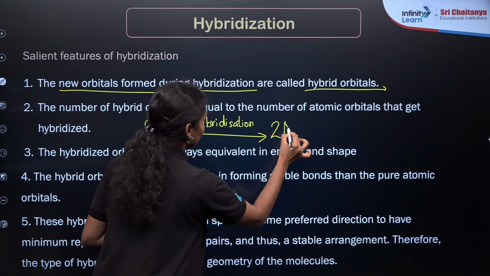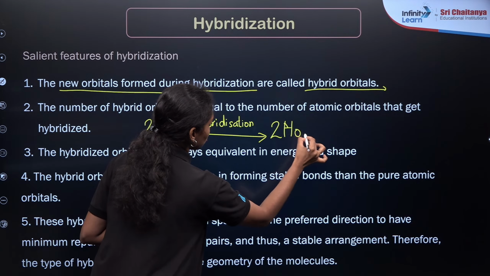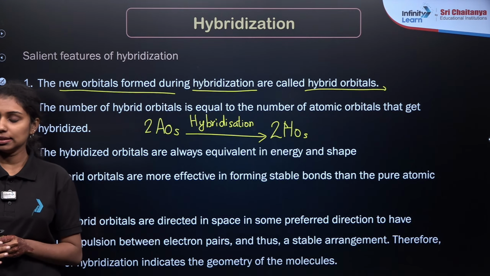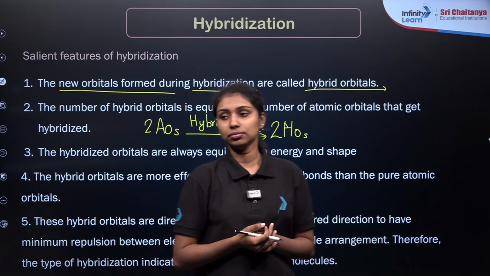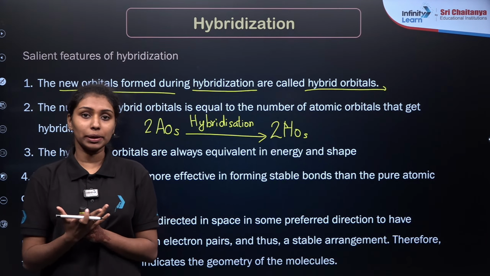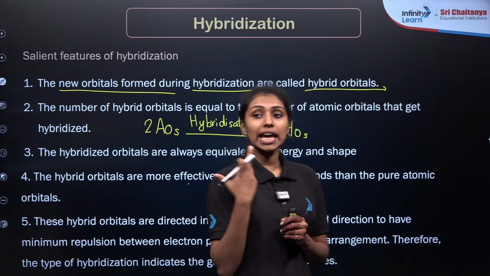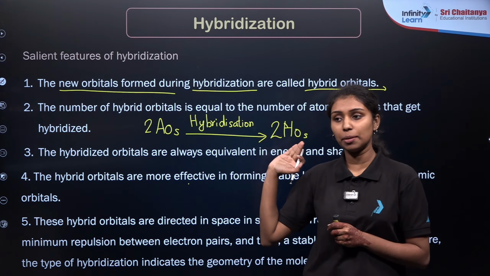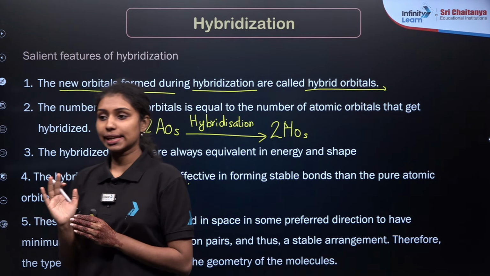It will be similar, right? They will form two hybrid orbitals. Is that clear? For example, if you are taking n number of atomic orbitals for the hybridization, you will get n number of hybrid orbitals as the product of hybridization. That is given in the second point.